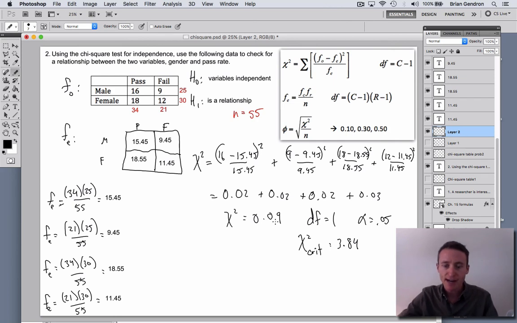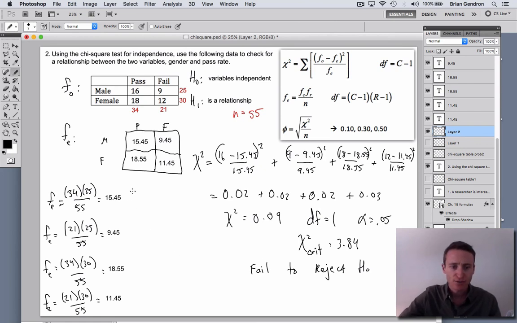So 0.09 is obviously not larger than 3.84. And so fail to reject H0. In other words, we have to assume that these two variables are independent. There's no relationship between gender and pass rate based on this sample data.